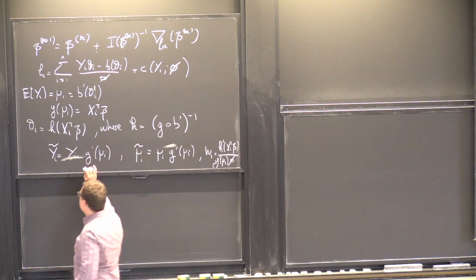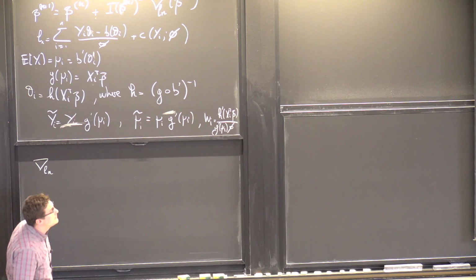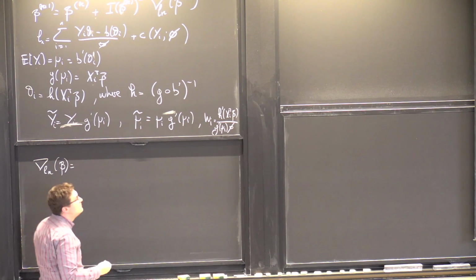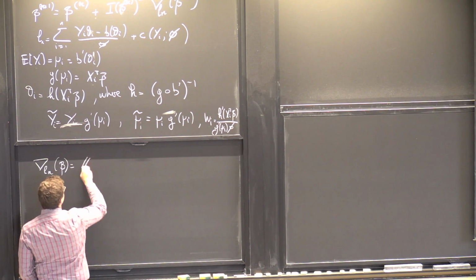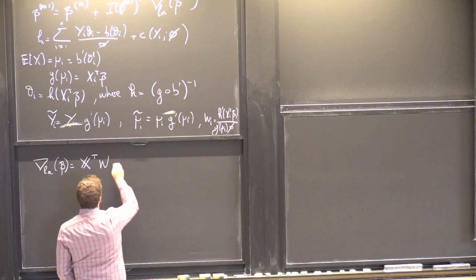The gradient of my log likelihood at beta took the following form: x transpose W, and then y tilde minus mu tilde.